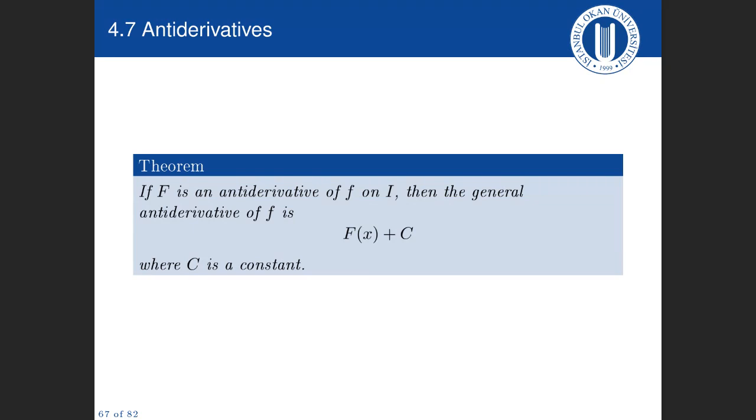Theorem: if capital F is an antiderivative of f on I, then the general antiderivative of f is capital F plus c. In other words, every antiderivative of small f is of the form capital F plus some number c.